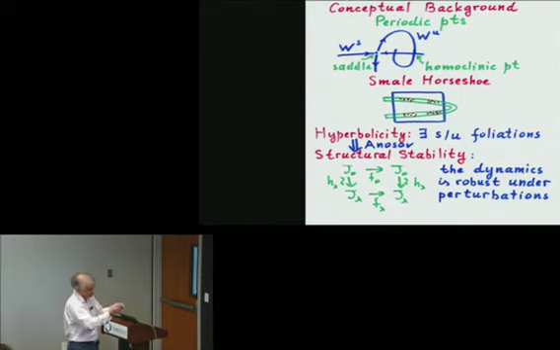Along the stable leaves, the orbits get together exponentially fast, and along the unstable leaves, they get apart exponentially fast. It is like in the case of one fixed point, but now, instead of the fixed point, we have the whole Cantor set, and we have such expanding and contracting directions uniformly over this Cantor set.